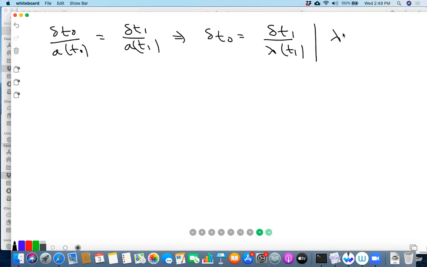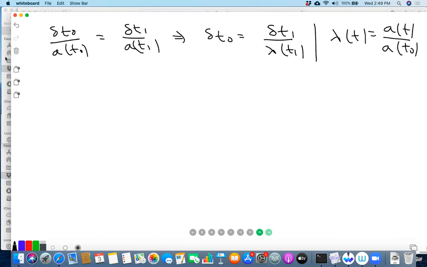Remember that lambda of t is a of t over a of t0. So the time difference gets scaled by lambda t1. If it starts at an interval of delta t1, it reaches the observer at an interval of delta t0, which is different from delta t1. It's scaled by this lambda.